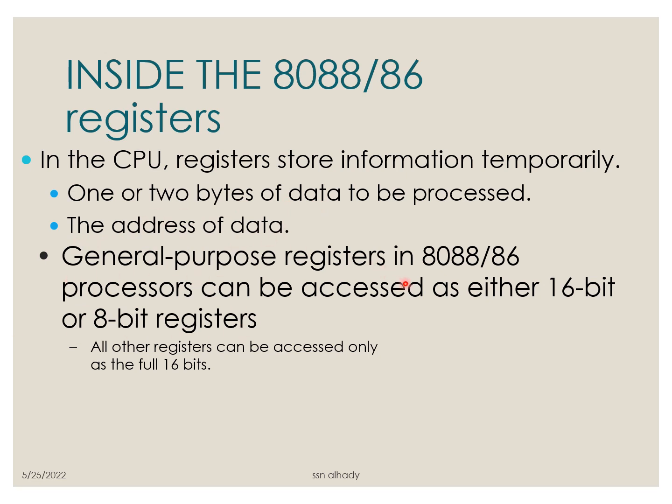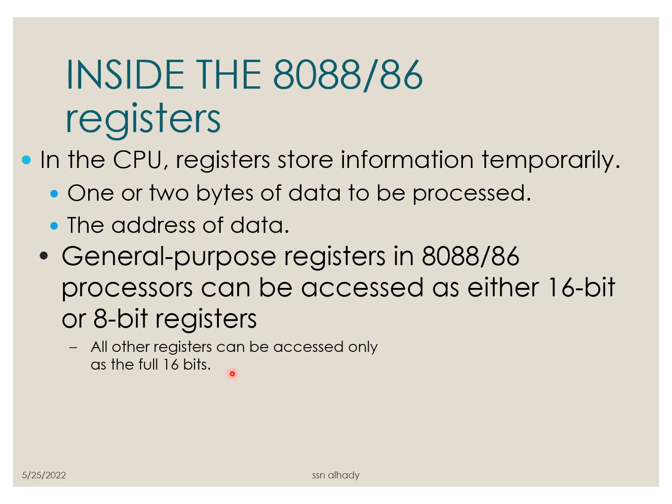A general purpose register in the 8086 processor can be accessed as either a 16-bit or an 8-bit register. Either way you can use it.